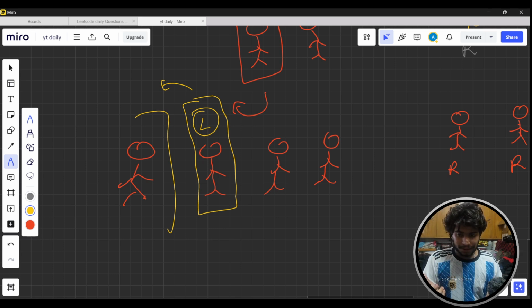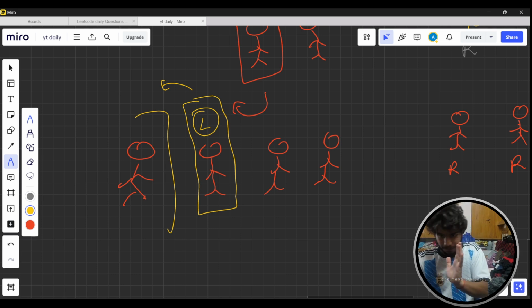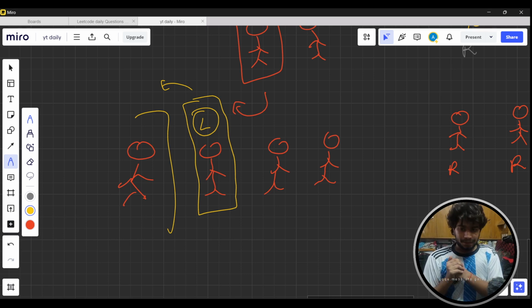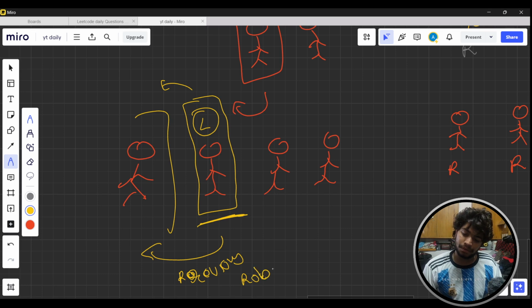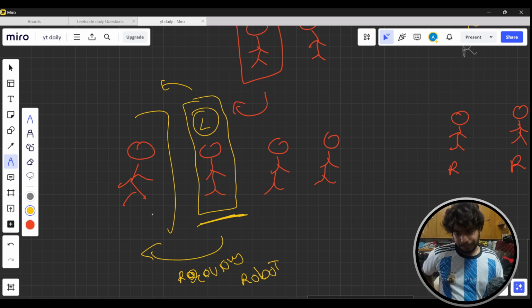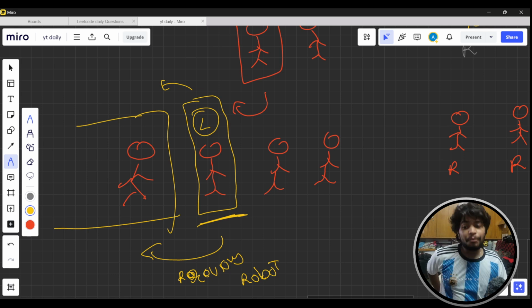Does it make sense? When a robot is moving in left direction, it will collide with the robot present previously there. Yes, it does make sense. It means these can only collide with their previous robot.